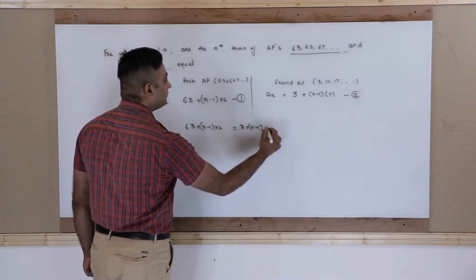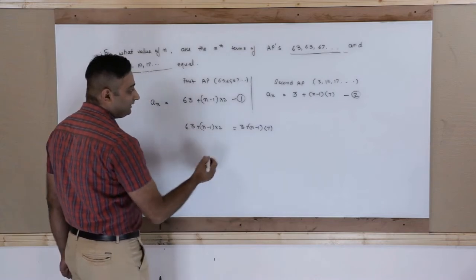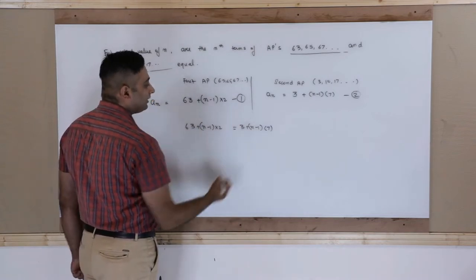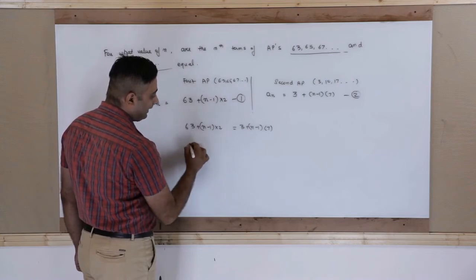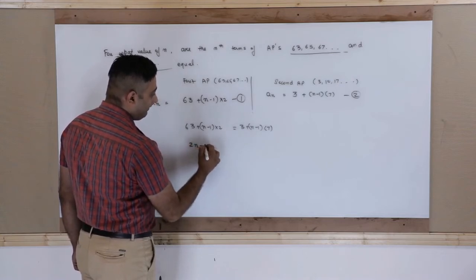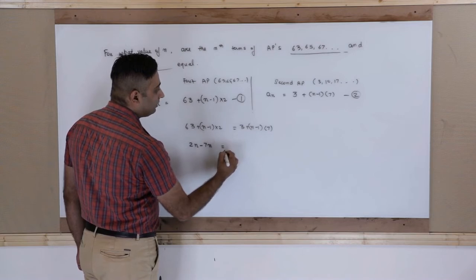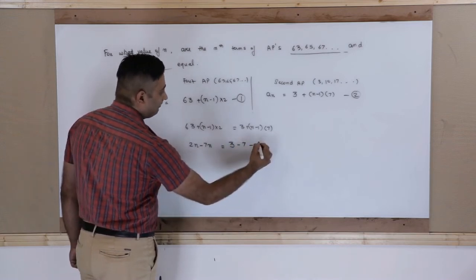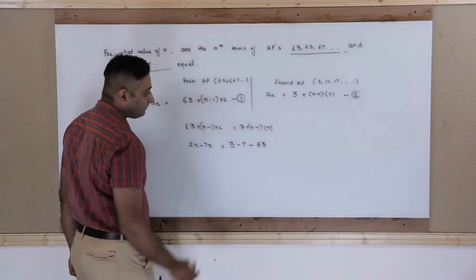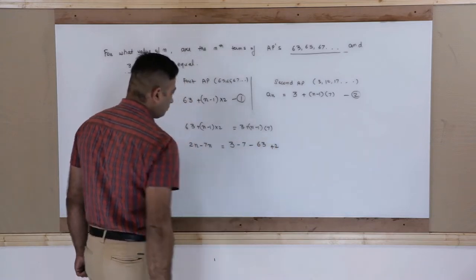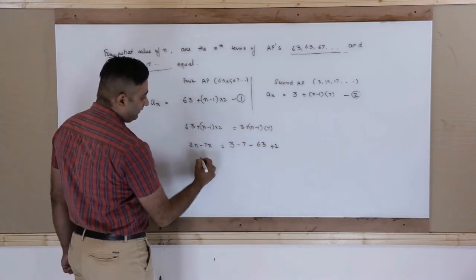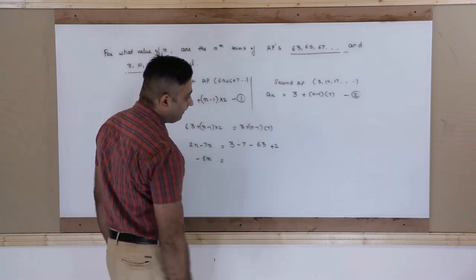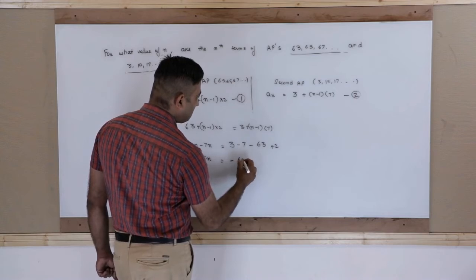minus 1 into 7. That means let us take n on the left side and the constant terms on the right. So we will get 2n minus 7n is equal to 3 minus 7 minus 63 plus 2. So we will get minus 5n is equal to minus 65.